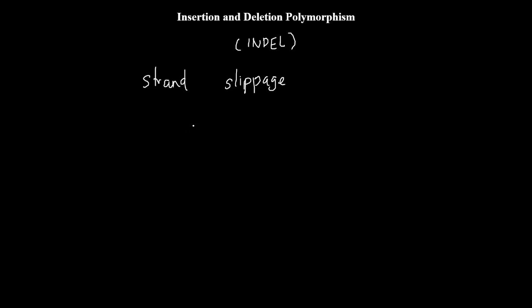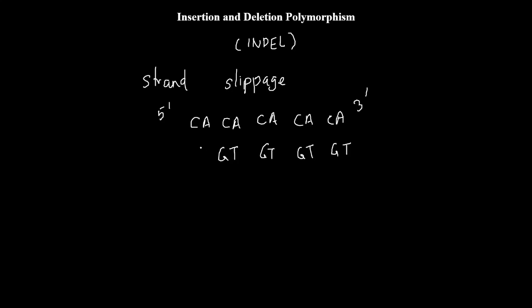Let's say this is your template strand and it is having CA, CA, CA, CA, and CA. Now this is the template strand. This is going to be your 5' to 3' direction. Now this is the coding strand that will be having TG like this. This is again 5' to 3' direction.